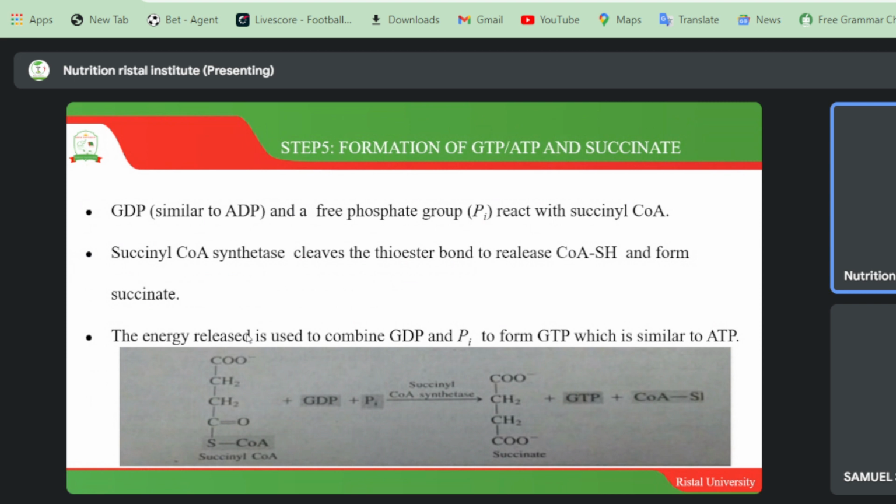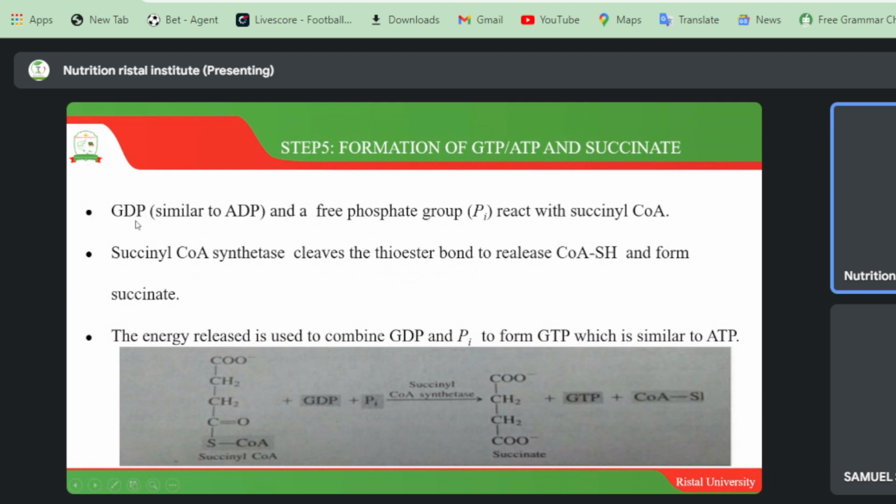And the energy release is used to combine GDP and inorganic phosphate to form GTP, which is similar to ATP. This is a source of energy, and we can now say one ATP molecule has been produced in this case, because the GDP, G is guanosine, D is di, then P is phosphate.